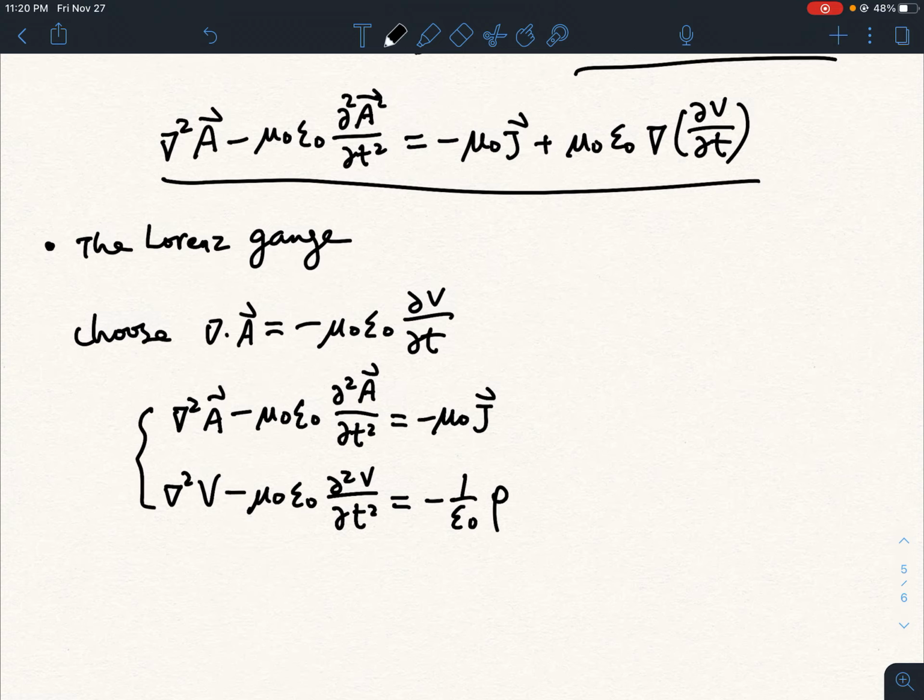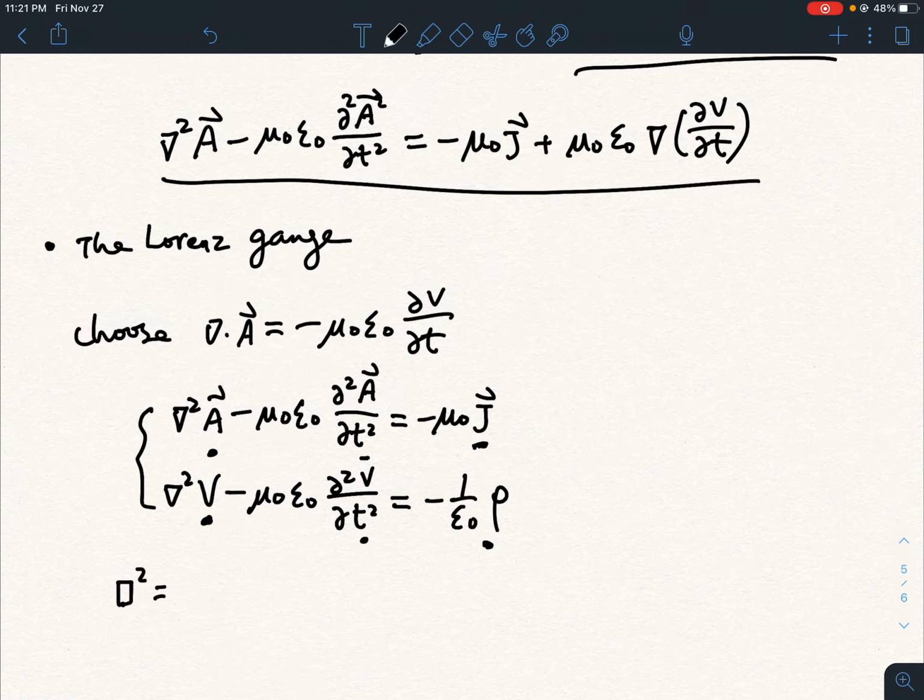And you may see that these two equations look very similar. One is the equation for A that is related to the current, and the other is for V that is related to the charge.